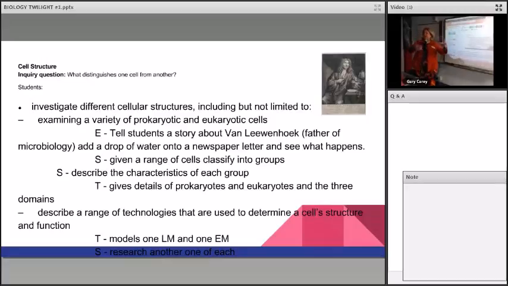So they will then have this group of cells that don't have any nucleus in them, a group of cells that do, pretty much that's what will happen. And then you go on and give the details about the different types of cells. So in the Moodle, I've provided you with a table with distinguishing features between eukaryotic and prokaryotic cells.